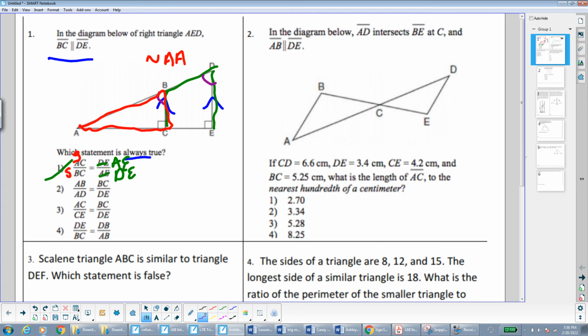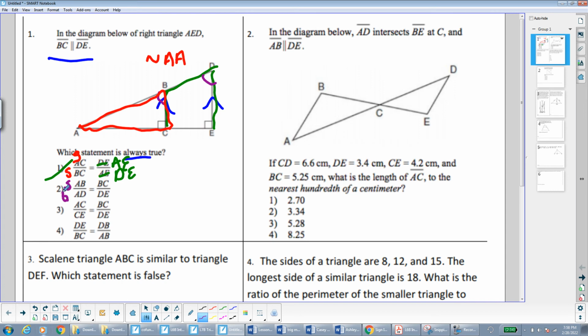Let me take a look at answer choice number 2. We have AB, and AB is from the small triangle once again. And we have AD. AD is the corresponding side to AB from the big triangle. So we have side from small triangle, and we have corresponding side from big triangle.